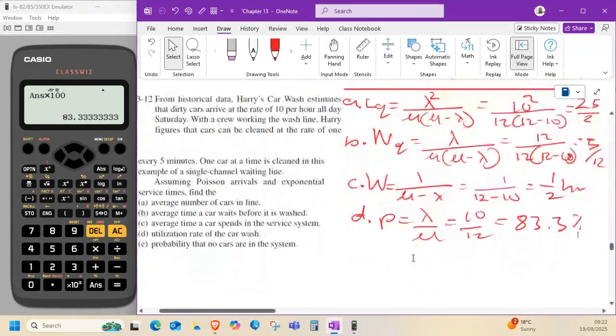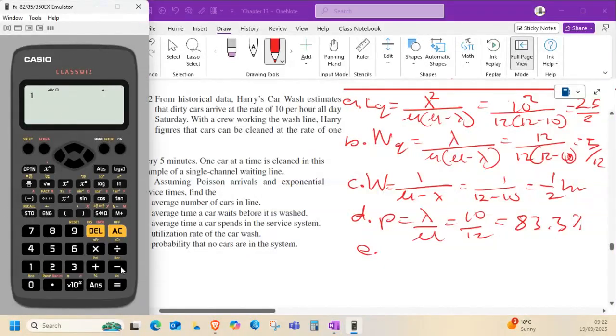Then the probability that there won't be any car, E, is 1 minus my answer is that.